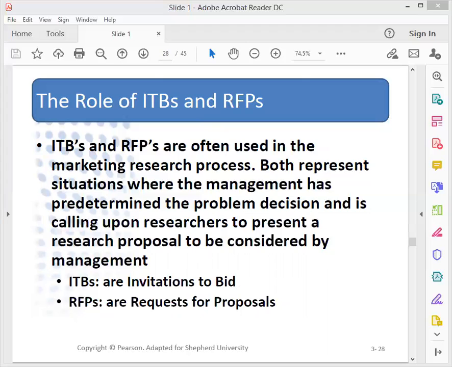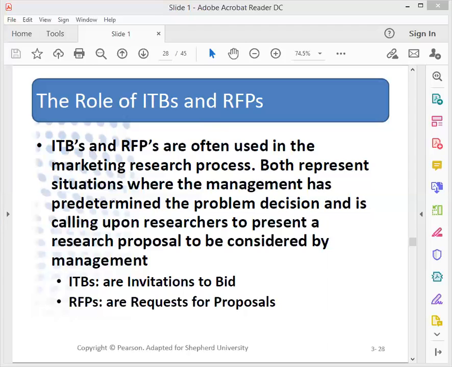If the problem is confirmed, the decision to be made is stated, and we are now ready to proceed to the specification of decision, which includes developing the decision alternatives. However, if the researcher cannot confirm the problem as stated by management, then they have to discuss the situation with management.